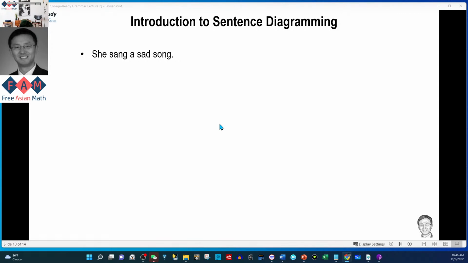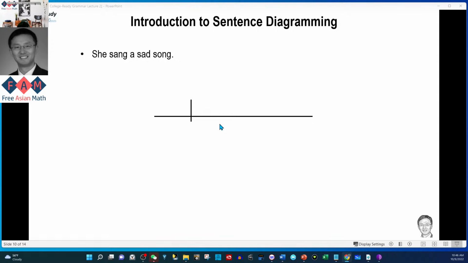If you want to diagram this sentence, what do we want to do? Sentence diagramming is just a tool. It's not part of the grammar. It's just an invention, a tool to help us understand grammar and sentence structures. It's very powerful, but it's just a human-created tool.